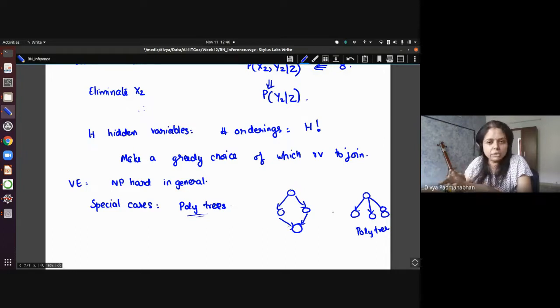For tree graphs, the computation is known to be efficient. This is something to take away with you, because from my experience, I've seen this in a lot of other problems which needn't be related to AI or graphical models.